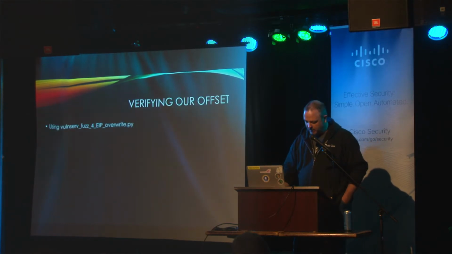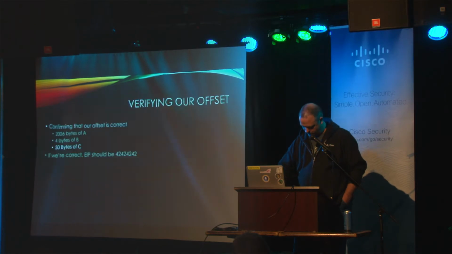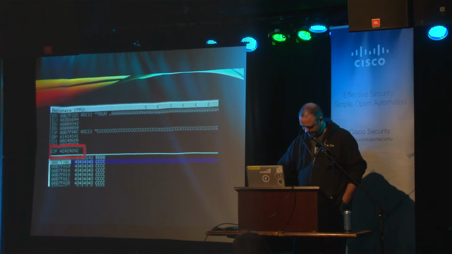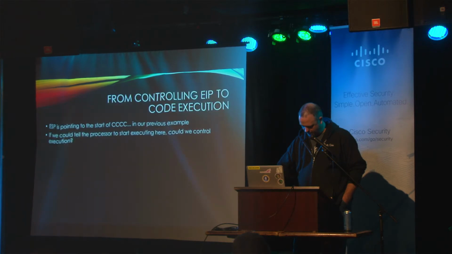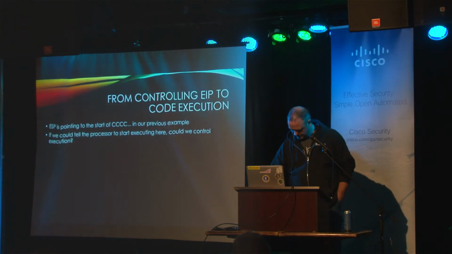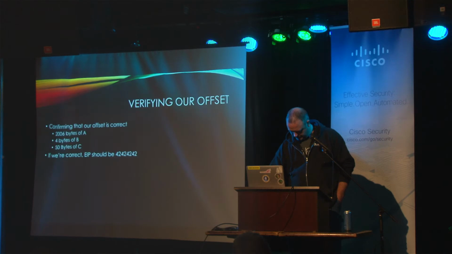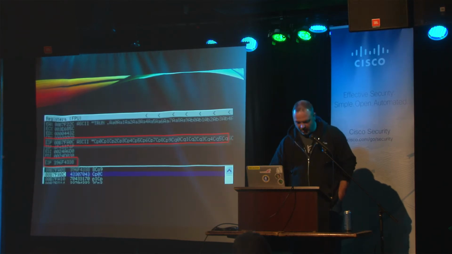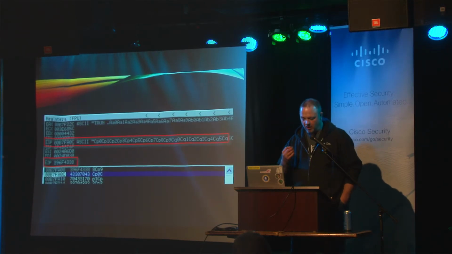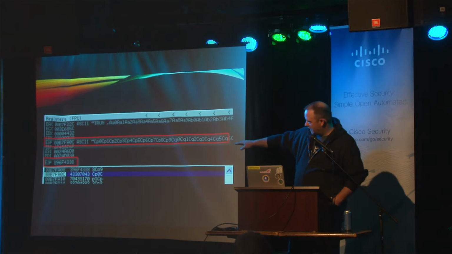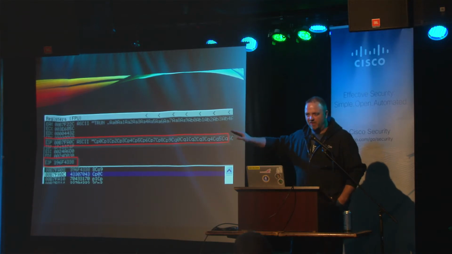But look at the value in there. If you look on the left, or on the right, it says 8C09, but the value that's in EIP is 396F4338. So it's flipped. Why is it flipped?